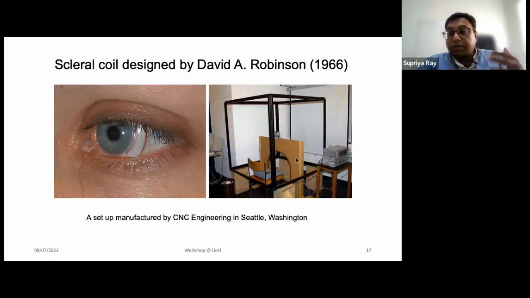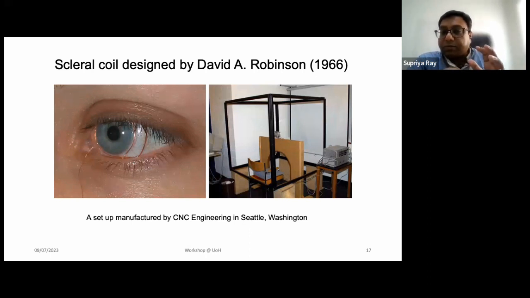So, using the fundamentals of electrical engineering and the dynamo principle, he was able to record the electric current generated due to the rotation of the coil in a magnetic field.